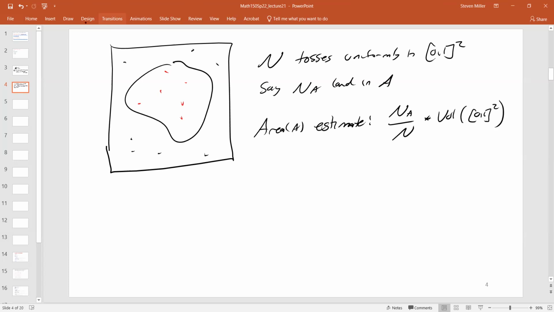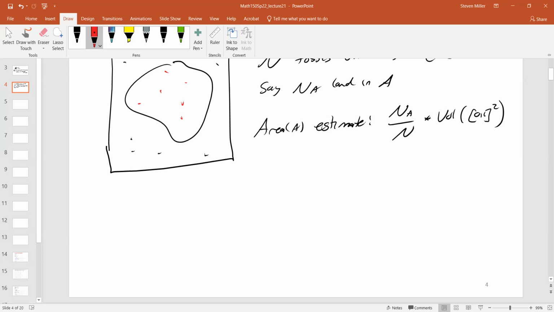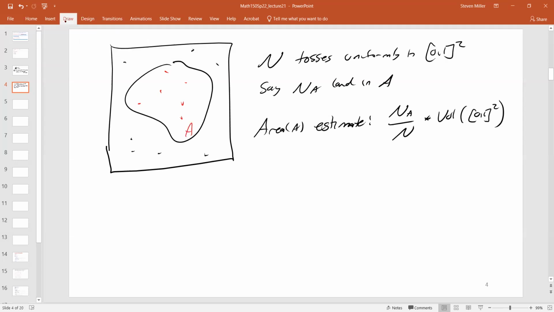I'll put the volume there just for explicitness. But if we choose the volume to be 1, then it's just what fraction of the points land in. And this should be a really nice way of estimating. Now, if you're going to do this, what do you have to be able to do? If you want to use this method, what do you need to be able to generate?